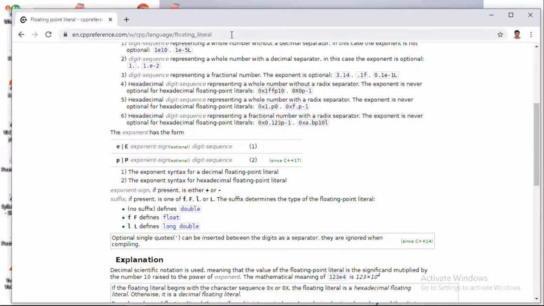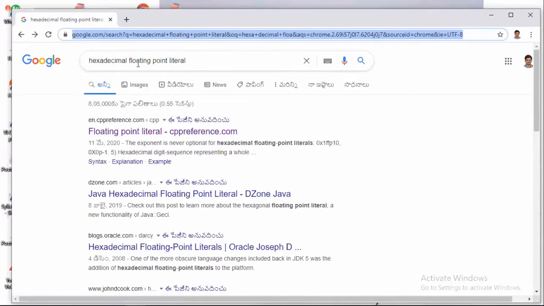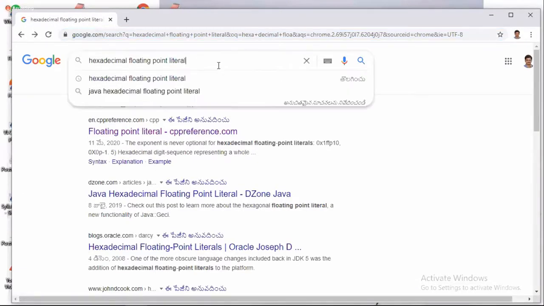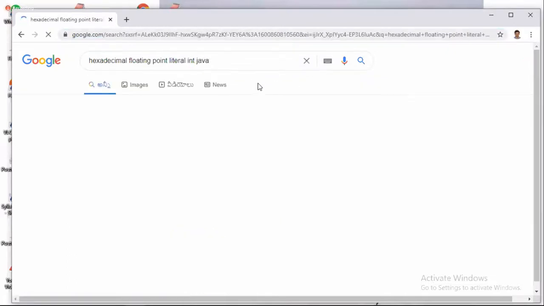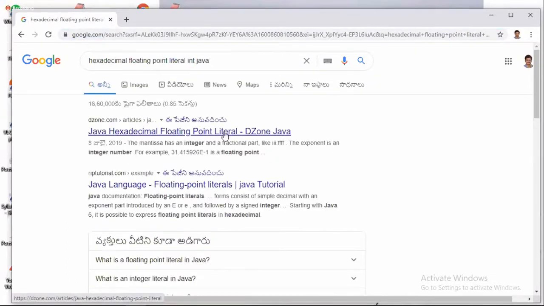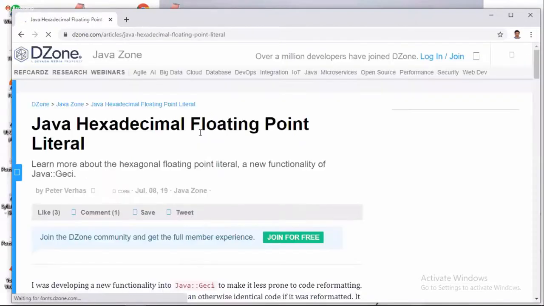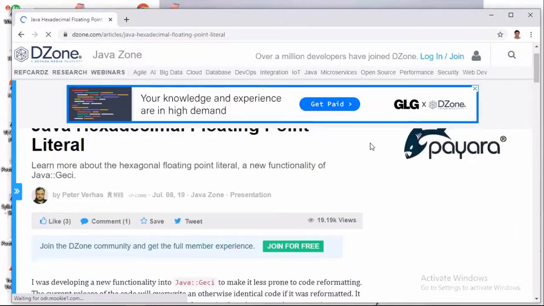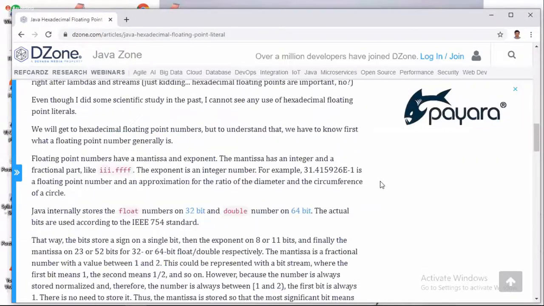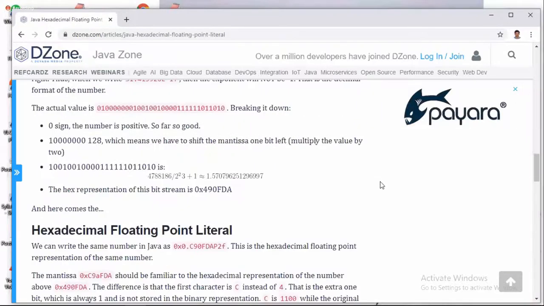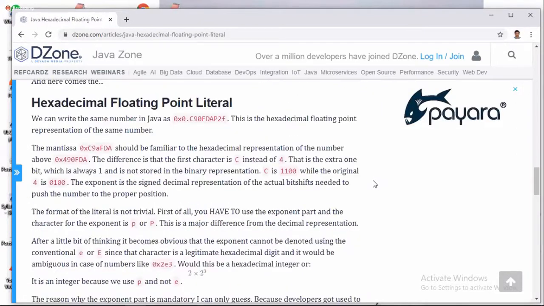Just read this website. Just go to Google and type hexadecimal floating point literal in Java. You will get some articles. You can read and understand them. If you have any doubts, just post in our group, and your seniors will help you. Hexadecimal floating point literal, how to create.